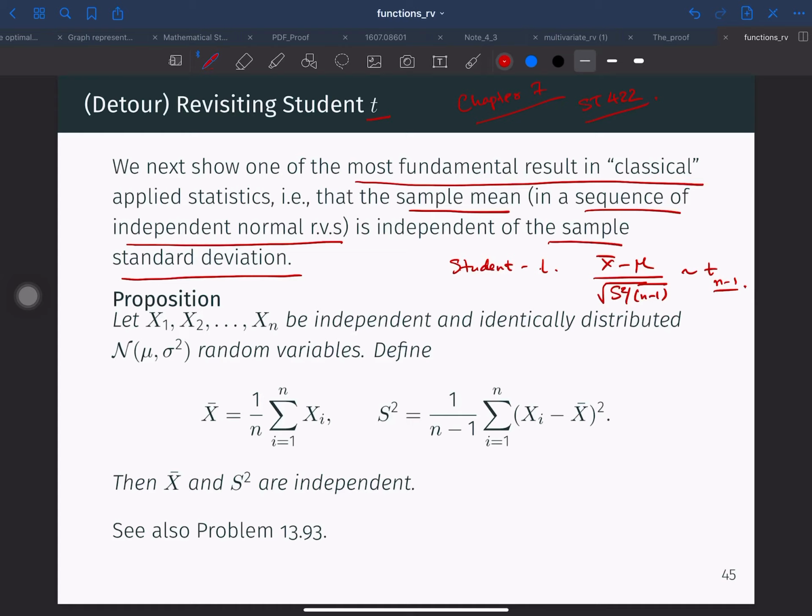So the proposition goes as follows. Let x1, x2 up to xn be independent and identically distributed normal random variables with mean mu and variance sigma squared. We will claim that the sample mean, x bar, is independent of the sample standard deviation.